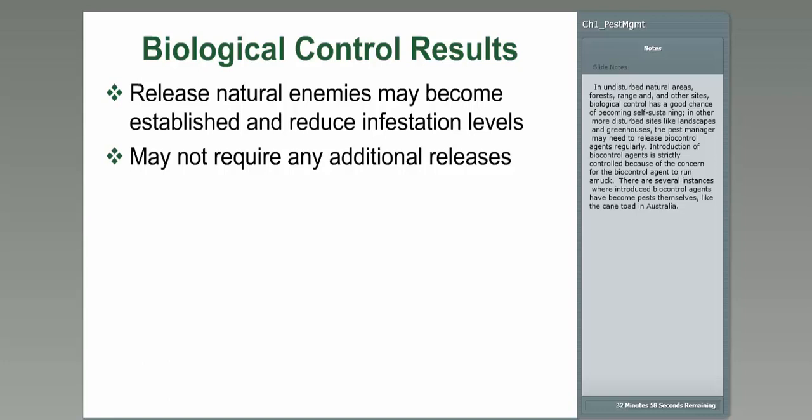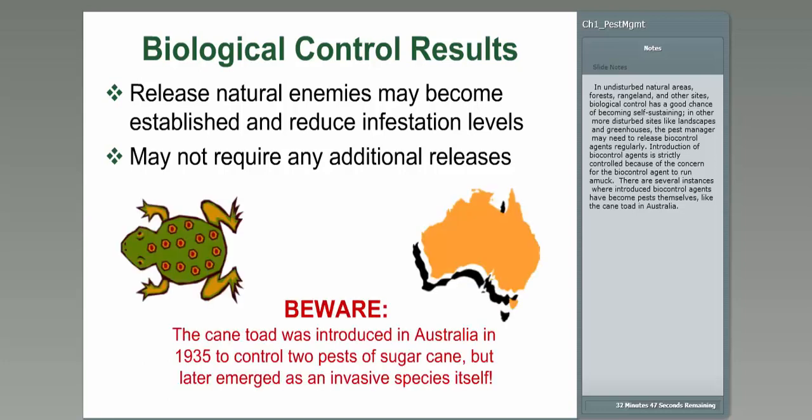Introduction of biocontrol agents is strictly controlled because of the concern for the biocontrol agent to run amok. There are several instances where introduced biocontrol agents have become pests themselves, like the cane toad in Australia.